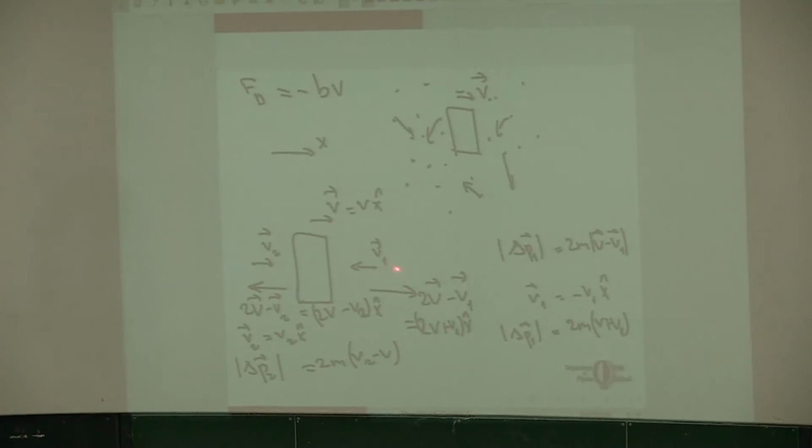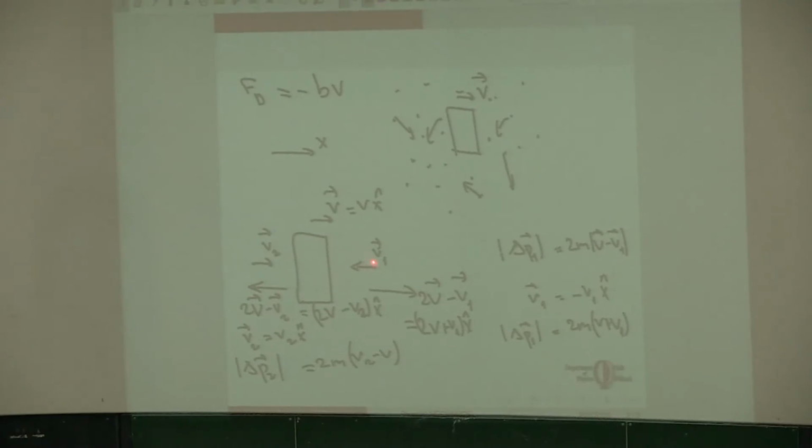This velocity vector is in this direction, and this velocity vector is in this direction. The relative speed of this molecule and this object is larger than the relative speed of the other molecule and this object. Remember, in elastic collisions, the only thing that changes is the sign of the relative speed.